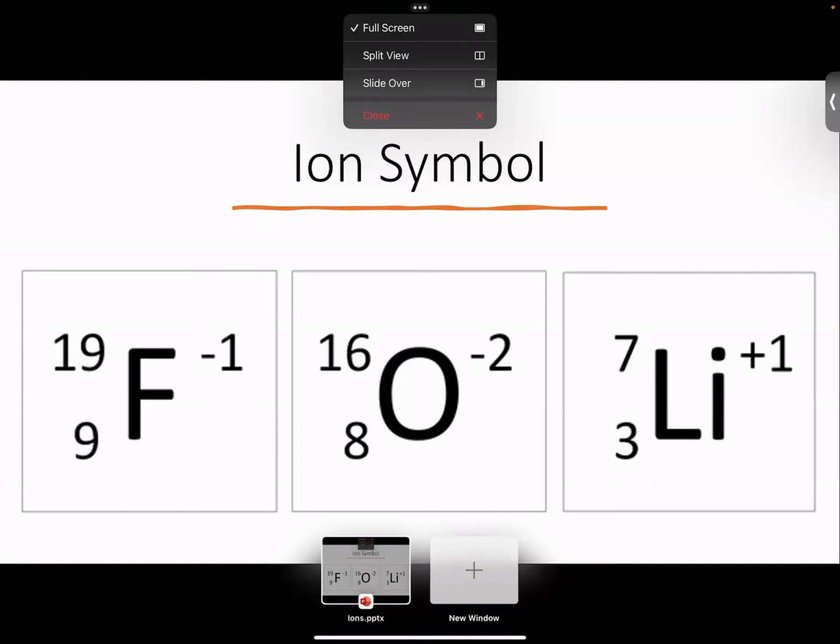In the video, you said that when you're writing the ion notation, the number comes before the positive or negative sign, can it be either way? Okay. I didn't actually create these. When I write it, you are going to see me put the number first when I'm talking about a charge.